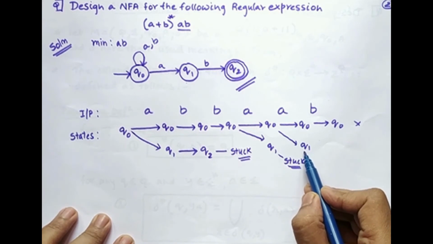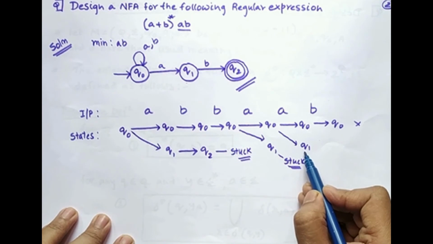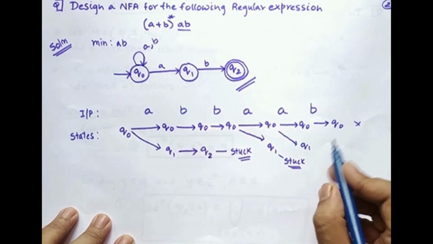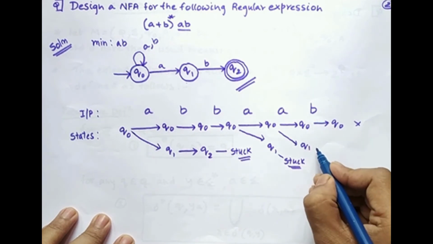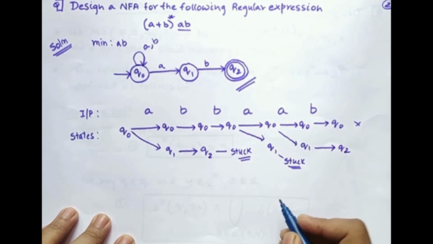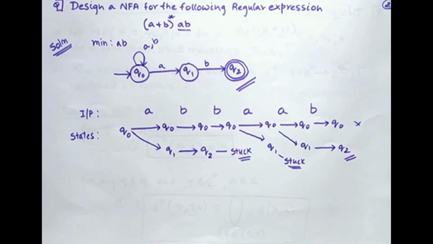So suppose you are in Q1, instead of Q0, on reading A. Now from Q1 on reading B, where do you go? From Q1 on reading B, you go to Q2. See that there is nothing else remaining to be read, and you have also reached the final state. Is it not?